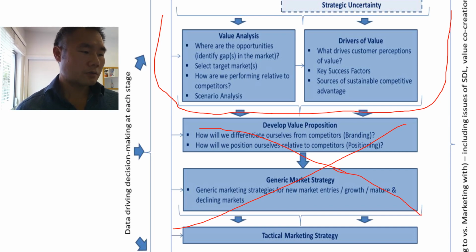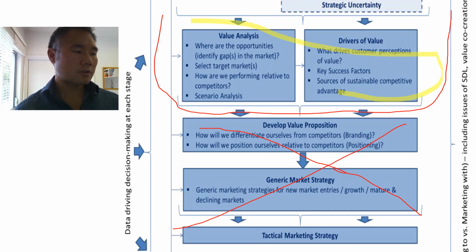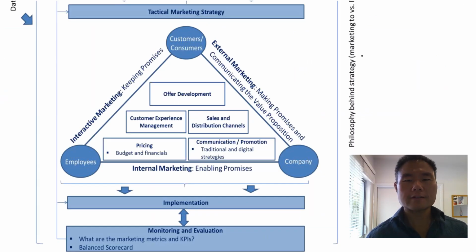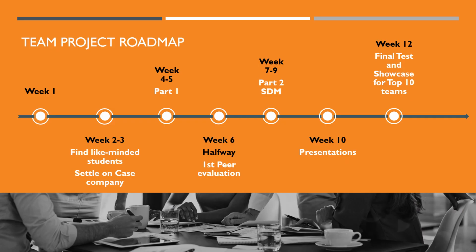Okay, so just to reiterate, this stuff here is good for part 1, and this stuff down here not so much. Hopefully that makes sense. And finally, the tactics, which form that last part of the marketing framework, will also form part 2 of your report, where you actually suggest what they should do based on the challenges you've identified.